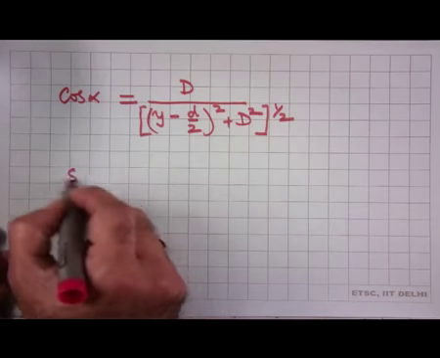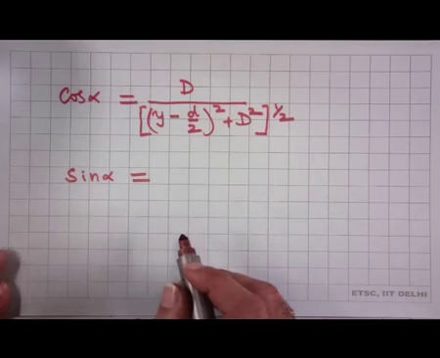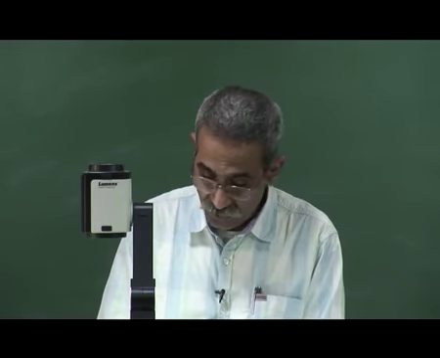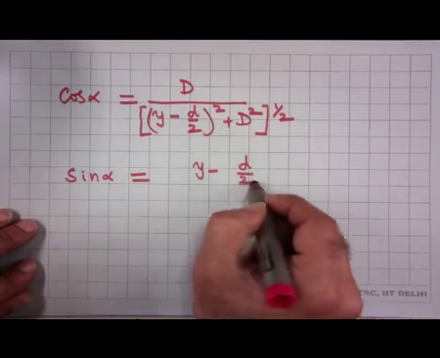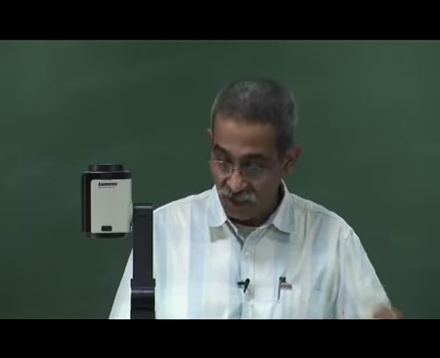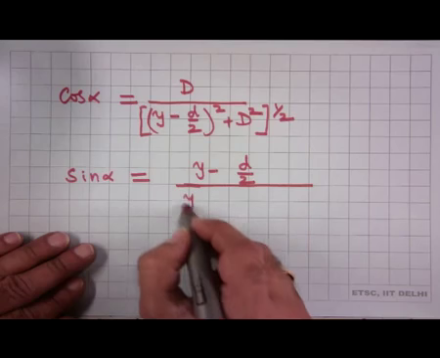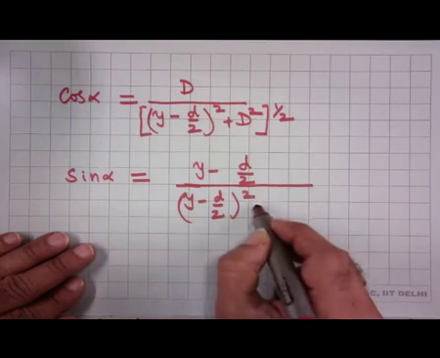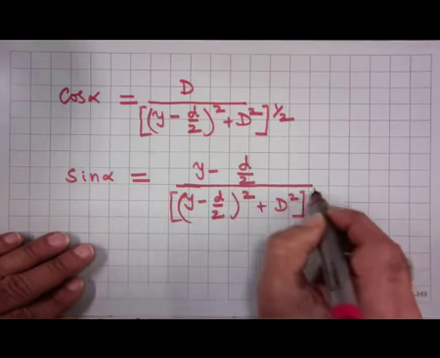By the same token, my sin alpha will be what? It is nothing but the opposite side divided by the hypotenuse. The opposite side is y minus d by 2, because I am measuring everything with respect to the center of the 2 slits. That is my origin. I am going to divide it by the same denominator, which is (y minus d by 2) squared plus D squared to the power of half.